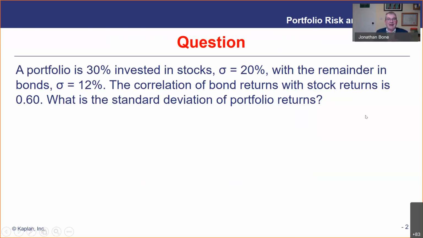Right, okay then, guys. So we're told that the portfolio is 30% invested in stocks, and they've got a standard deviation of 20%. The remainder is in bonds, so 70%, with a standard deviation of 12%. And the correlation of bond returns with stock returns is 0.6. And we're asked what is the standard deviation of portfolio returns.